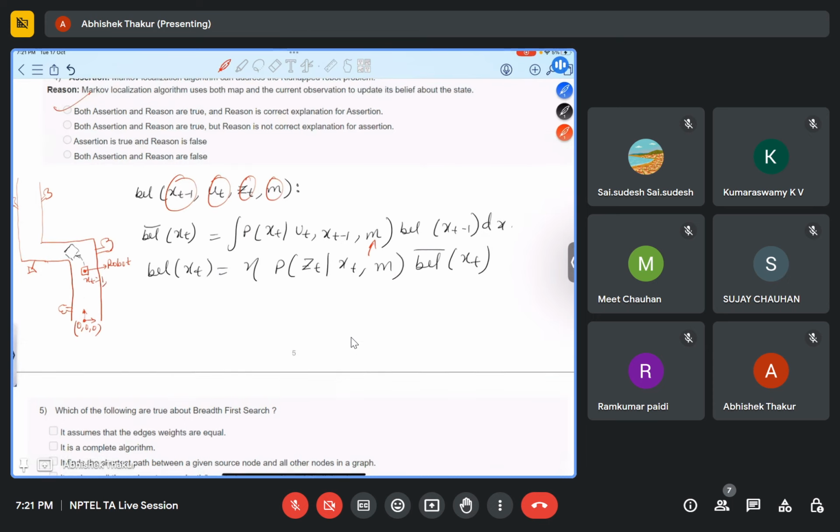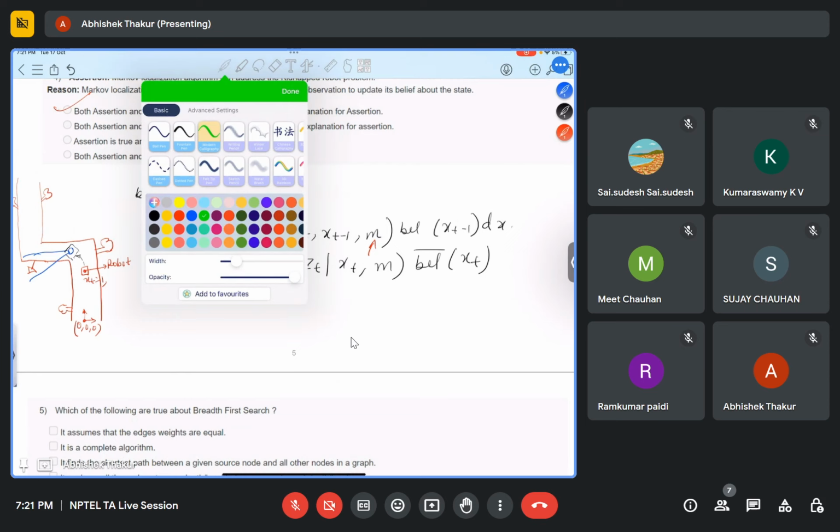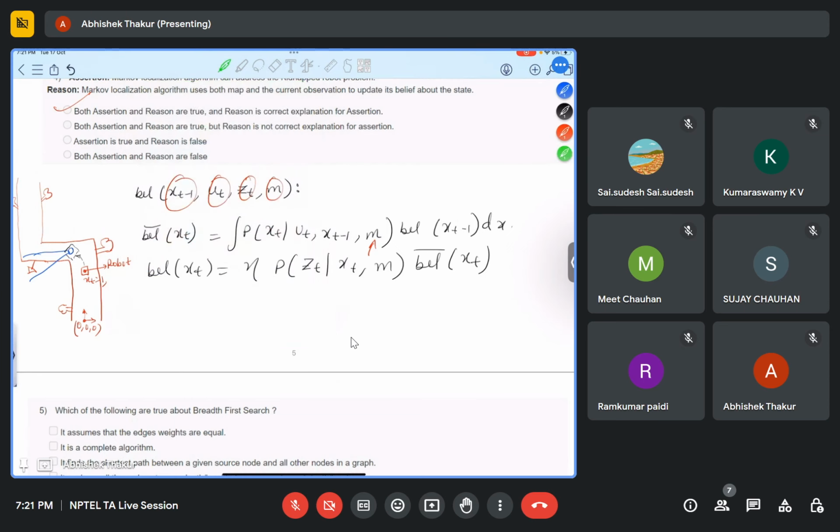So when the robot is here, how will it match where it is? Now the robot has some sensor. Let's suppose this is some sensor. So it scans the area, and let's suppose this landmark is scanned.